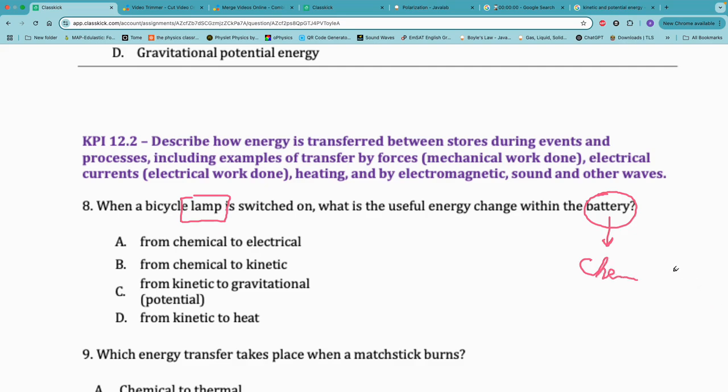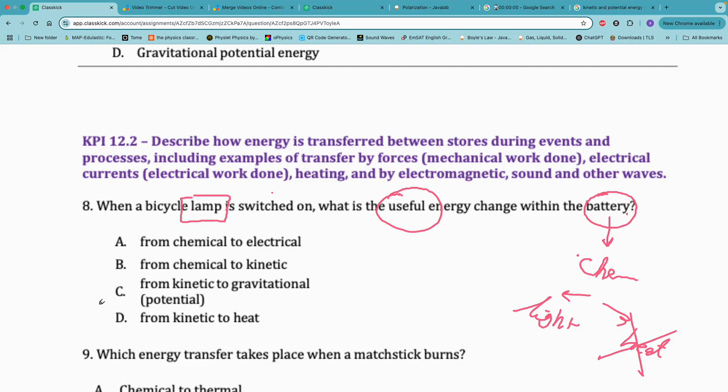So when you turn it on, this chemical energy changes to light and heat. But the question asks about what is useful energy. So of course heat is not useful energy. So from chemical to light.